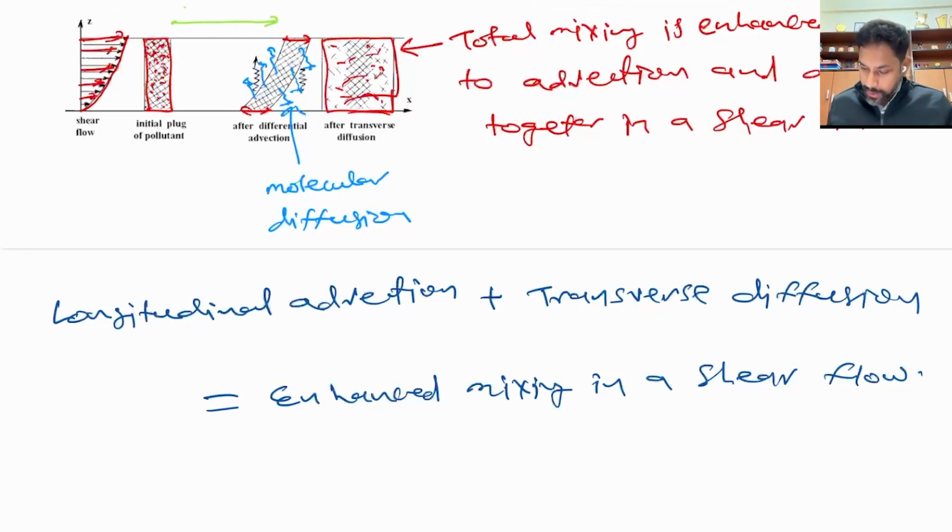Okay, so now we want to quantify at what condition you have more advection, or mixing is more because of advection or more because of molecular diffusion, because mixing is happening because of both, right? Or both are influencing the enhanced mixing.